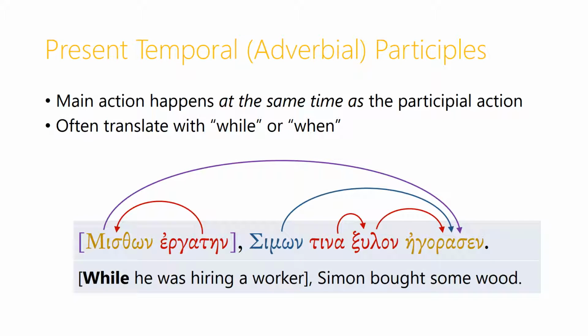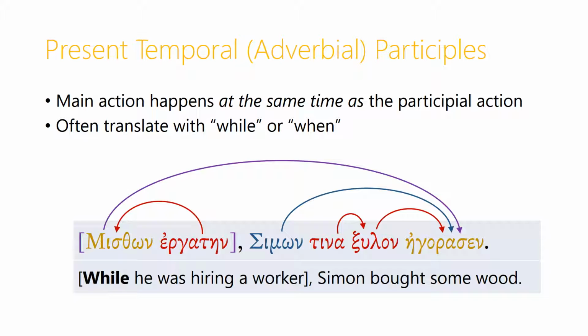Here's another example. Misthon ergatein, Simon tina xulon egorasen. While he was hiring a worker, misthon is while he was hiring. And why do we say was? Why is it in the past tense? Because the main verb, egorasen, is an aorist past tense.